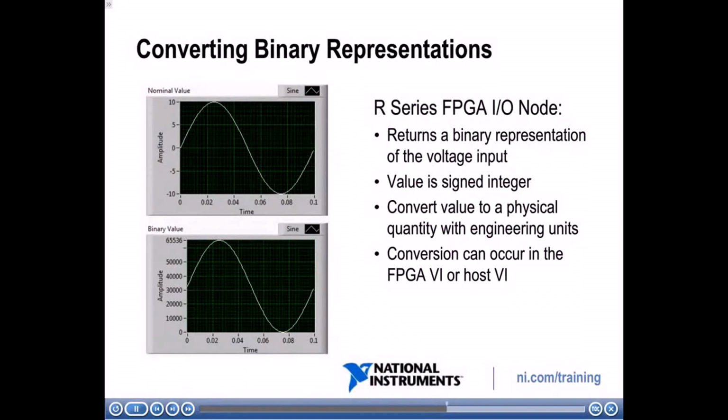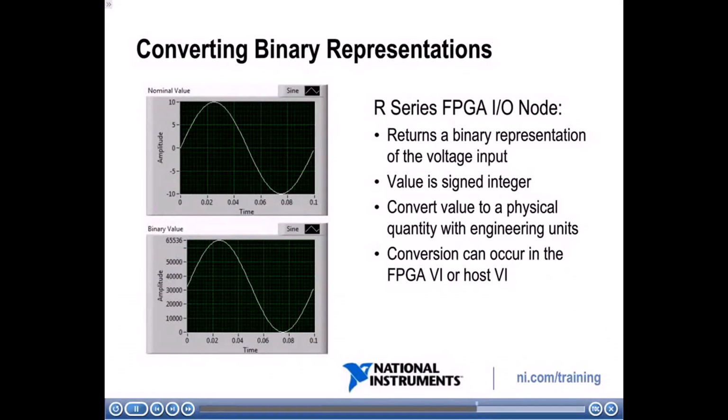As I stated earlier, the R series FPGA I/O node with analog values is going to return a binary representation of the voltage input. For example, over here, we've got something with a 16-bit resolution on our analog input channel. At the bottom, we've got 0 going all the way to 65,536. These values are representing a voltage, but we're seeing the full resolution there.